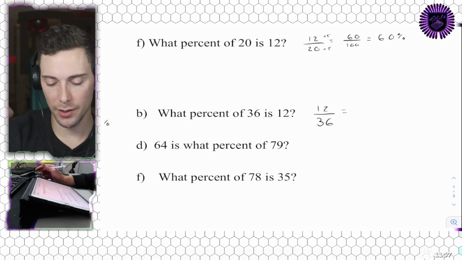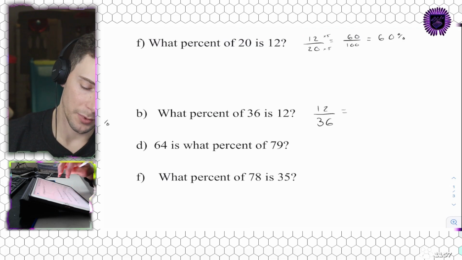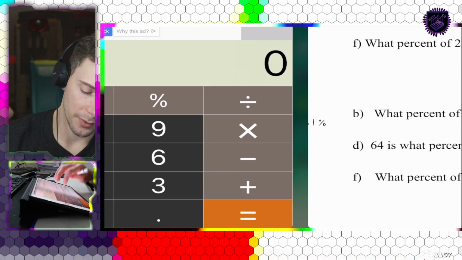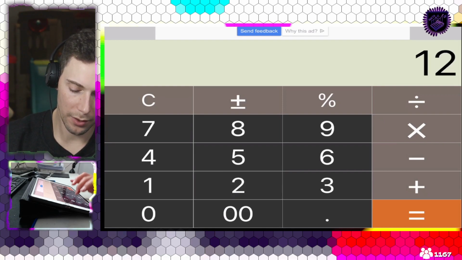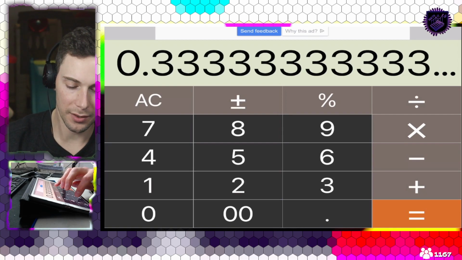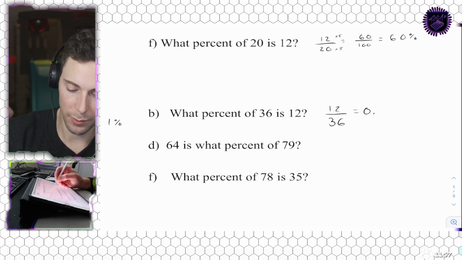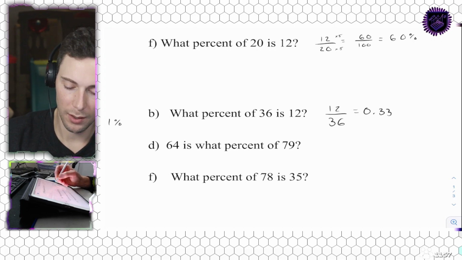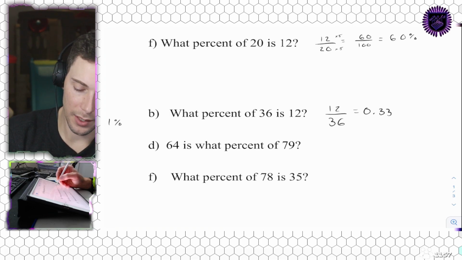And I already know, actually, because this is 1/3, it'll be 0.33, but let's go through it anyway. 12 divided by 36, 3333 repeating, that's going to be 0.33. And when I multiply this by 100, it's going to be 33%.